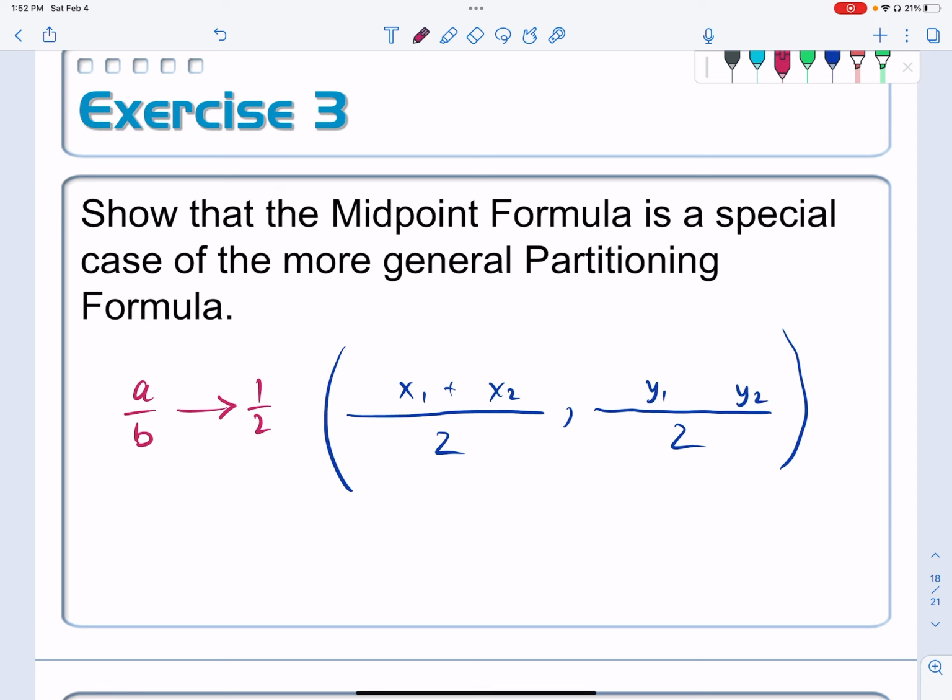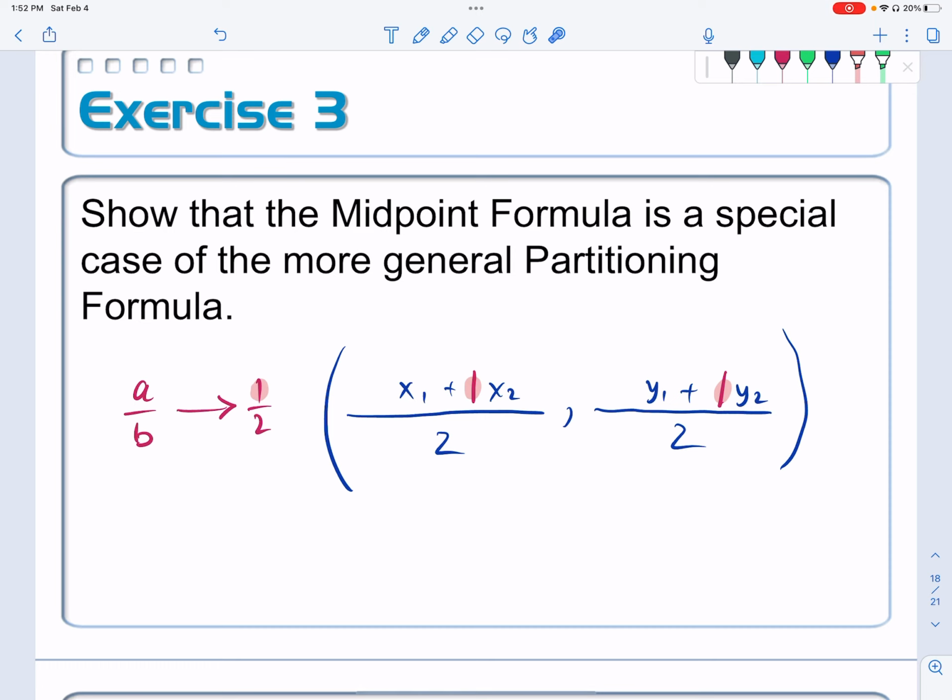And the top number up here goes with the x2 and the y2. So those are the numbers 1 and 1. What about y1 and x1? Well, they get the piece that's left over. And the piece that's left over is just the bottom number minus the top number. So 2 minus 1 gives us 1.